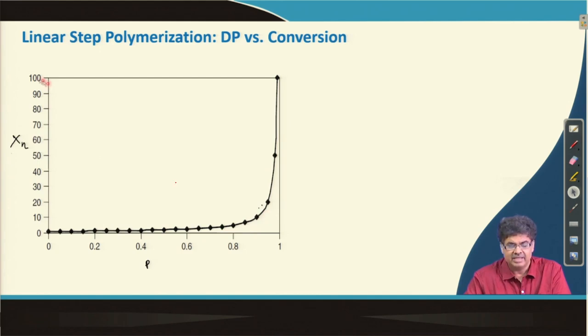See here, whatever I told in the last slide is graphically explained here. It is the degree of polymerization against the conversion. Initially, the degree of polymerization is not changing significantly. But when the reaction is about to complete, when the conversion is around 0.99 or around 1, the degree of polymerization increases further, because here small molecules are reacting like that.